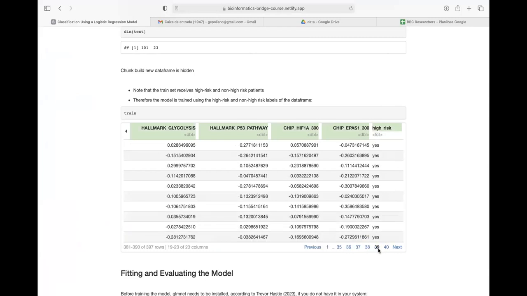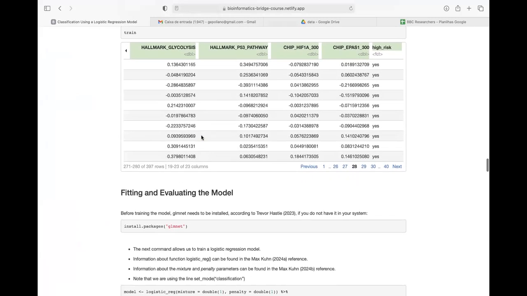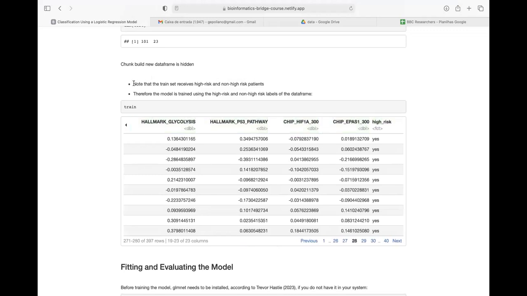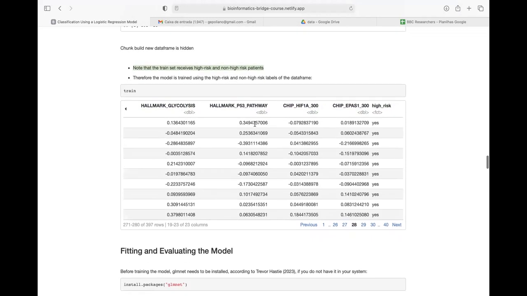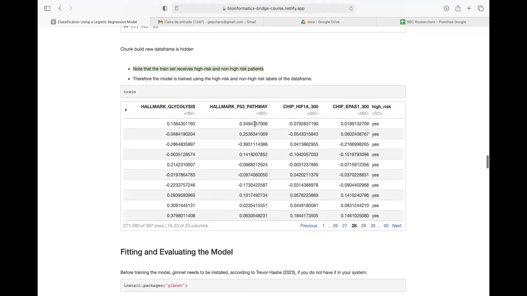Yes, in the 40 that is yes, 38, 35, 33, 31. There are yes and no high risk patients. So definitely I can see that there are high risk and non-high risk patients in the trained data set.